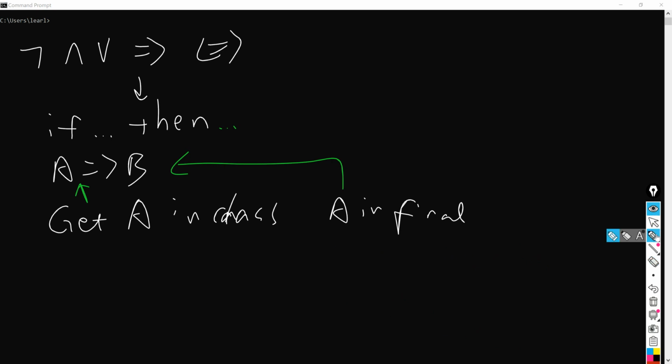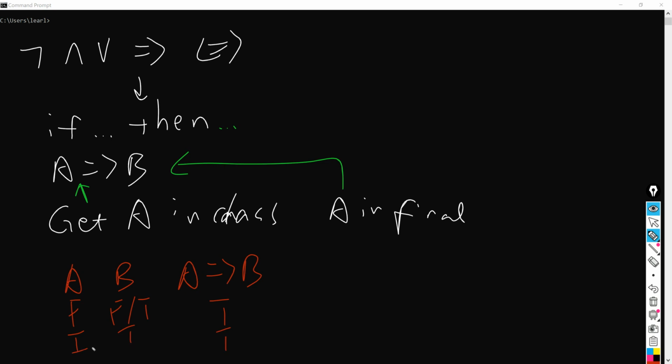So given the conditions of A and B, here is: if A then B. If A is false and B is either false or true, then this formula is true. If A is true and B is true as well, it's still true.